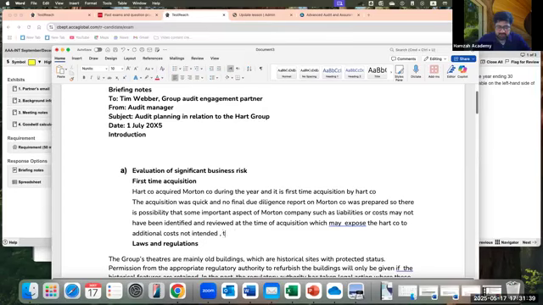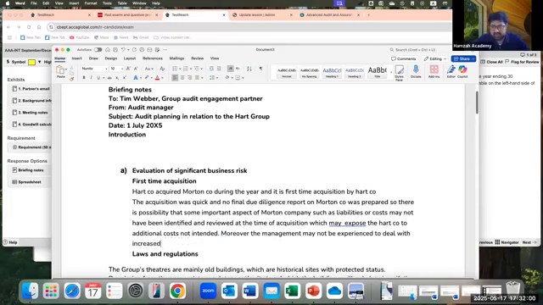Moreover, the management may not be experienced to deal with the increased size of business.